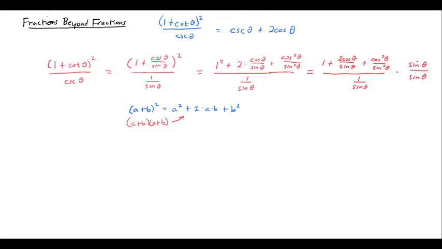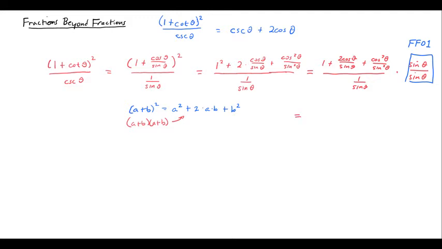So that's what we in the business like to call a fancy form of 1. It's a fancy form of 1 because sine theta over sine theta is equal to 1, and I can multiply by that because multiplying by 1 doesn't change the value of anything. And in fact, in this case, it lets me get rid of some of these nasty fractions inside the fraction here. Alright, so let's do that.